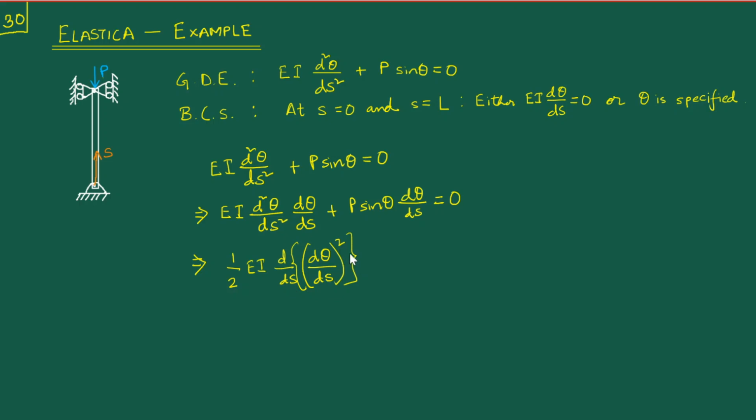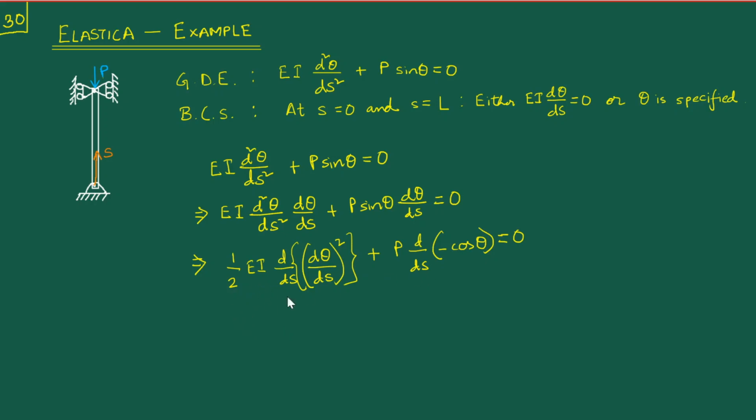So what is the motivation behind this? You will see that in a moment. Now we are going to write this term also as a derivative with respect to s. This is d/ds of minus cos theta. I believe some of you have already figured out the motivation here.